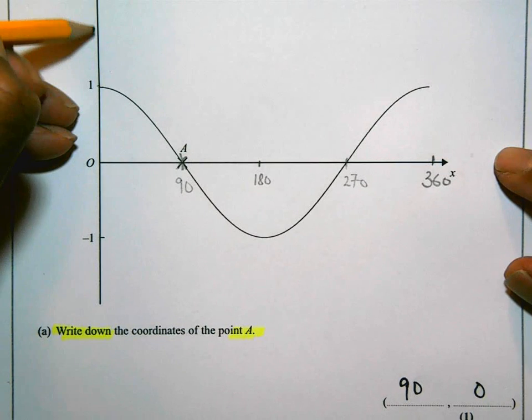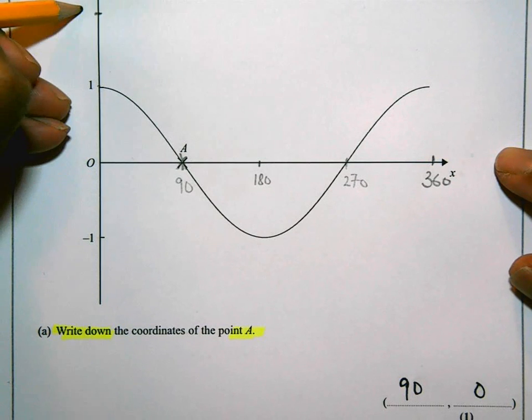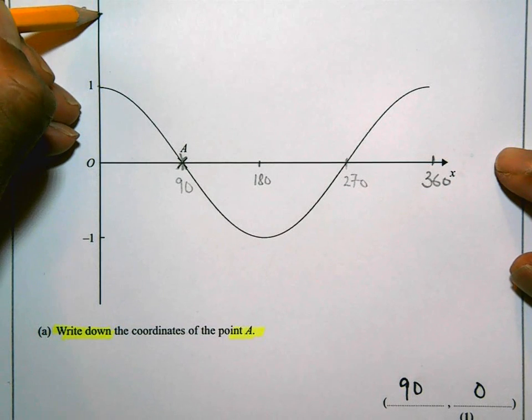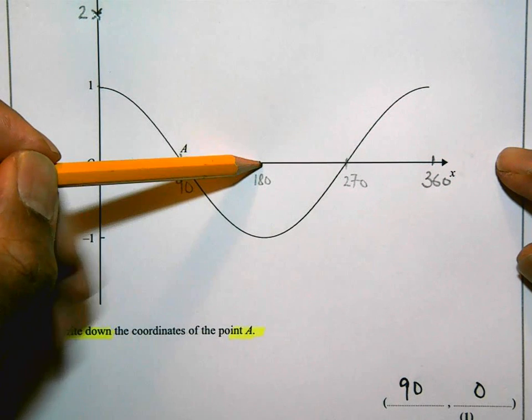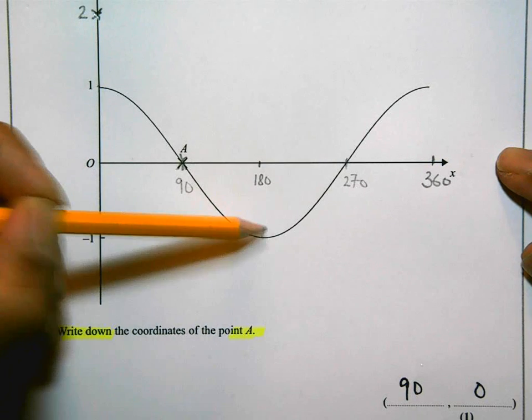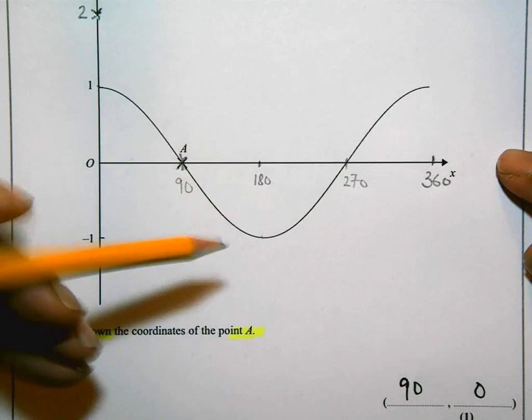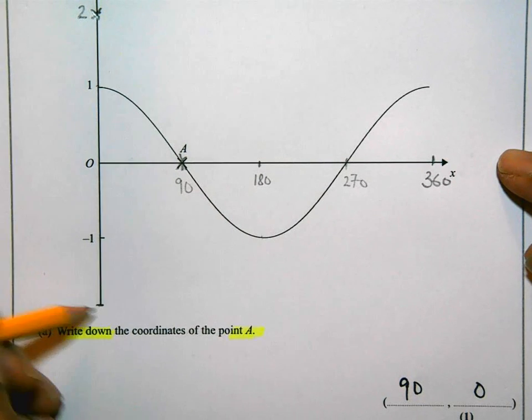and I'm just going to estimate twice as much. I'm going to go up to 2, and that is where it goes through there. Cos of 180 is minus 1. So 2 lots of cos 180, that's going to take me to minus 2. I think that's pretty much all the way to the end there.